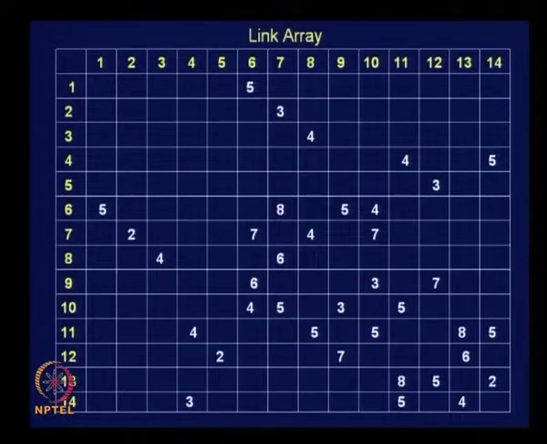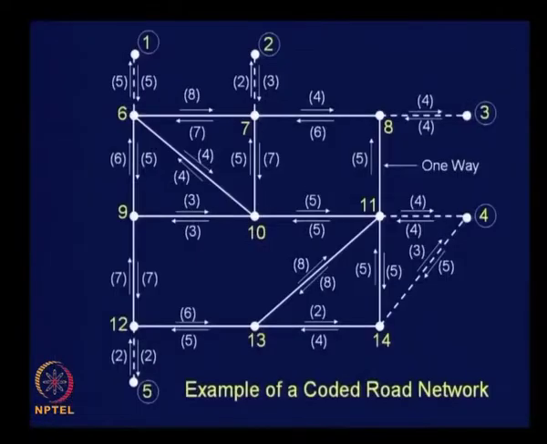To perceive this link array table better, I will show you the picture also. This is the network that we are talking about. Nodes 1, 2, 3, 4 and 5 are zone centroids. Other nodes are road intersections, and there are 2 dummy links for zone centroid 4, and all other centroids have only 1 dummy link.